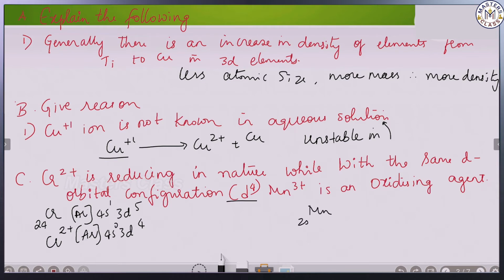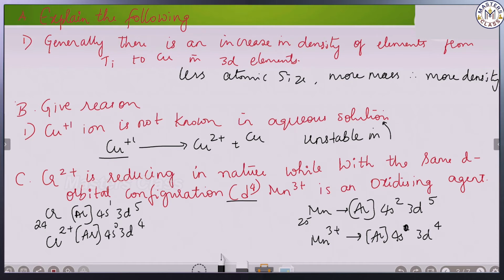Manganese, atomic number 25: argon 4s2 3d5. Mn3+: argon 4s0 3d4. So this is the configuration we have got.